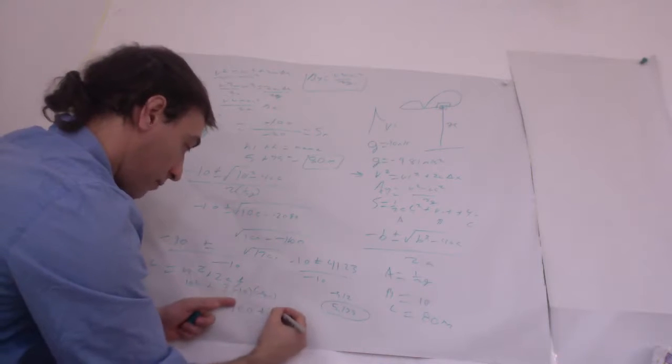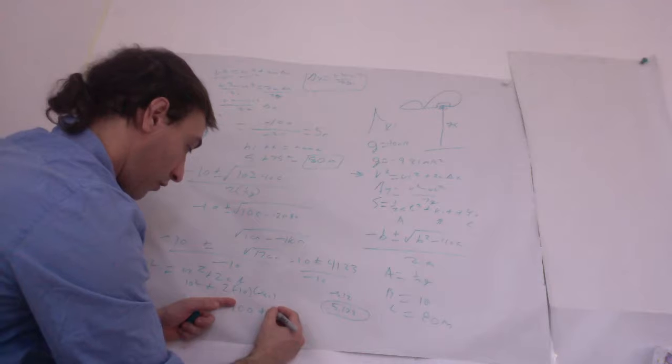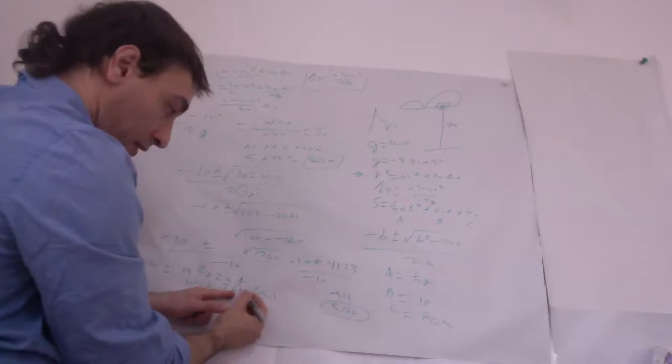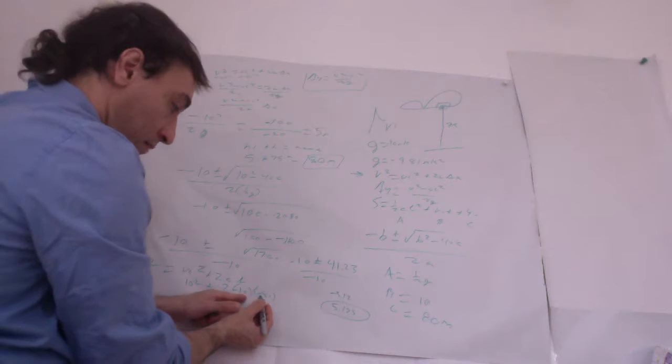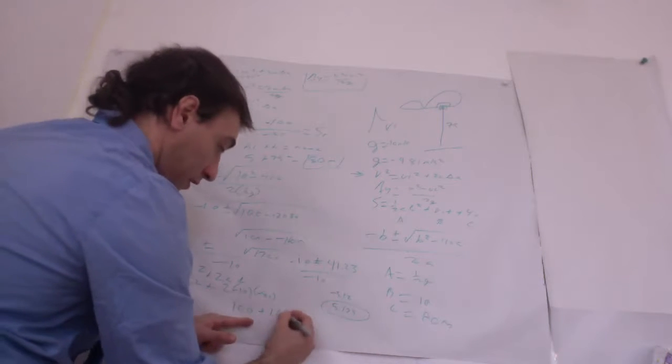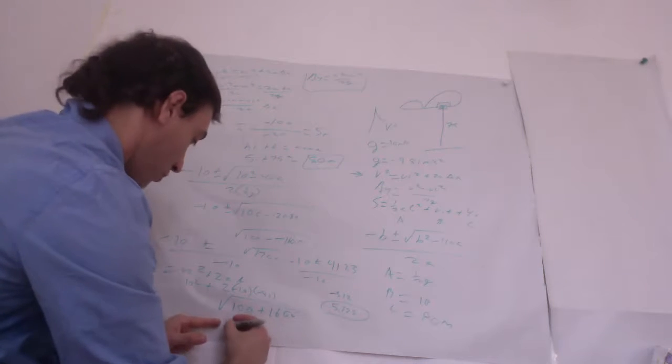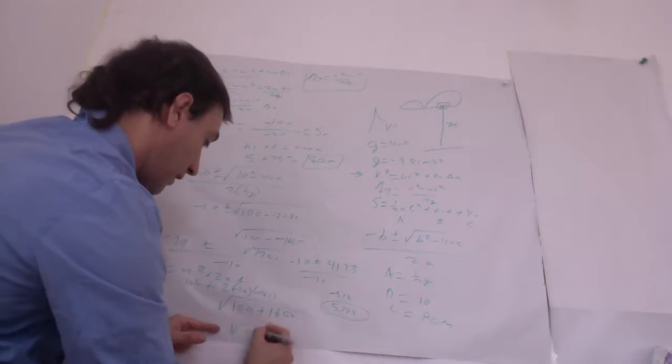Negative 10 times negative 80 gets you positive 1600. Combine them together and you get 1700. Square root it.